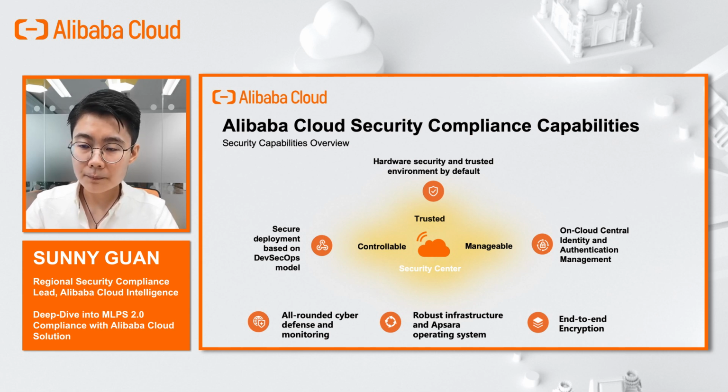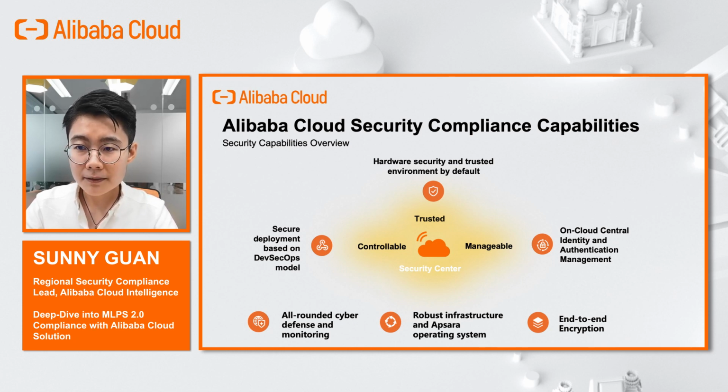To provide a cloud platform trusted, controllable, and manageable, the security mechanisms and measures have been designed and embedded in the cloud platform. When we say trusted, controllable, and manageable, we mean that the cloud platform is trusted, controllable, and manageable by you, our customer, to protect your applications and data hosted on cloud.